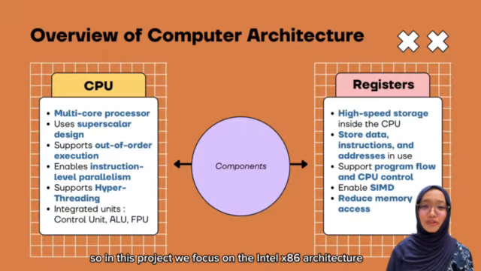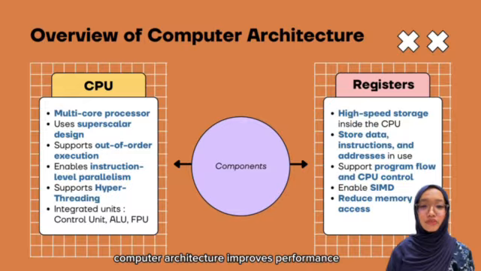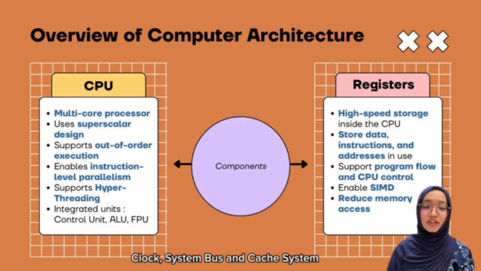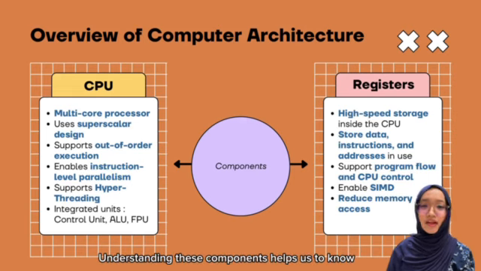So in this project, we focus on the Intel Coffee Lake architecture. Coffee Lake improves performance, efficiency, and multitasking by using components such as the CPU, registers, clock, system bus, and cache system. Understanding these components helps us know how the processor achieves fast and reliable performance.